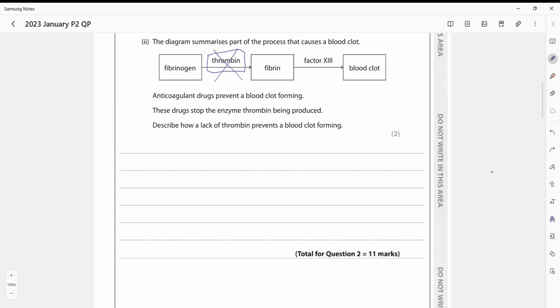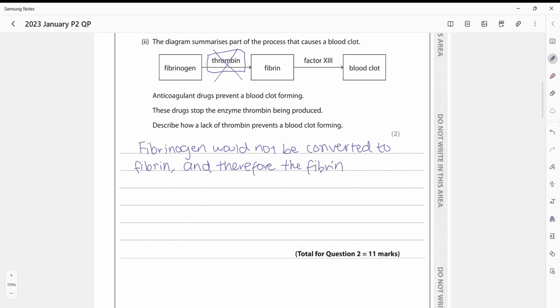So yeah, we can write here, fibrinogen would not be converted to fibrin, and therefore the fibrin cannot form the blood clot.